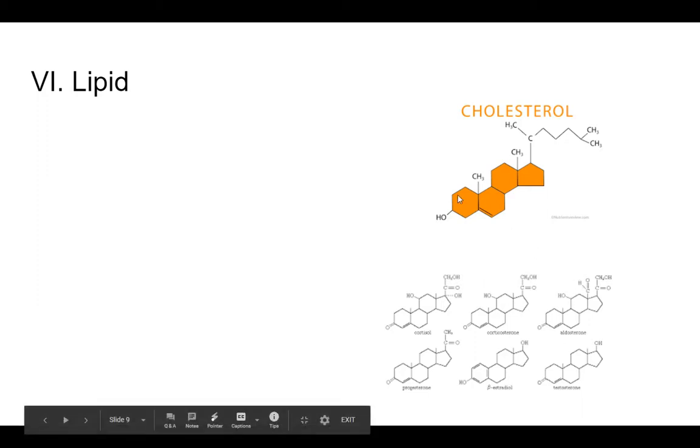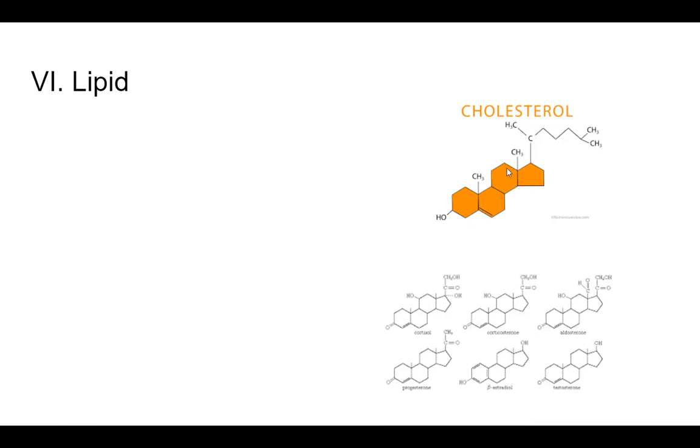But notice, this is primarily carbon hydrogen. Each one of these corners on these rings are carbons. And then you see carbon and hydrogen groups. This is a big giant hydrocarbon tail. There is one hydroxyl, but it is not loaded down with hydroxyls, which we learned carbohydrates do have that property.